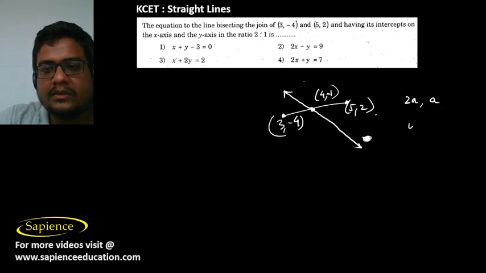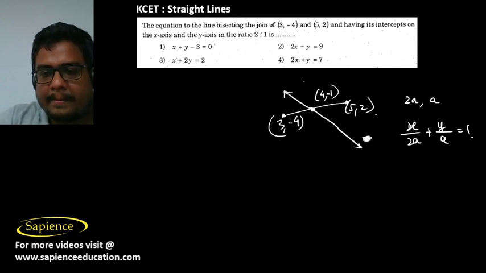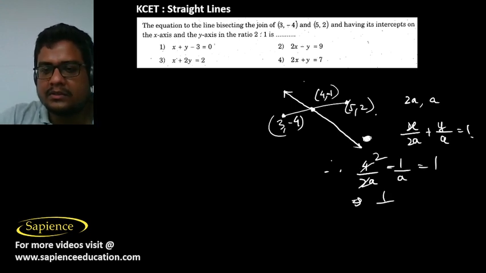So the equation of the line will be x by 2a plus y by a equal to 1, and it should pass through the point (4, ...). Therefore it should satisfy the equation. That will be 4 by 2a minus 1 by a, that is equal to 2 by a minus 1 by a, that is 1 by a equal to 1.